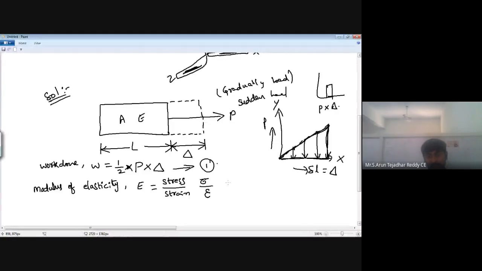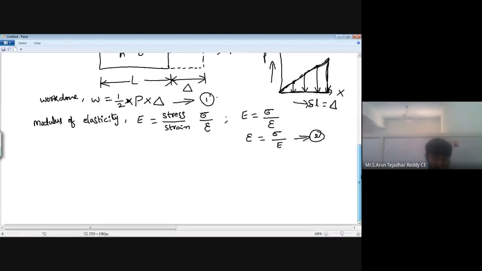So we can write it as strain is equal to stress by modulus of elasticity. Then it is equation number 2.